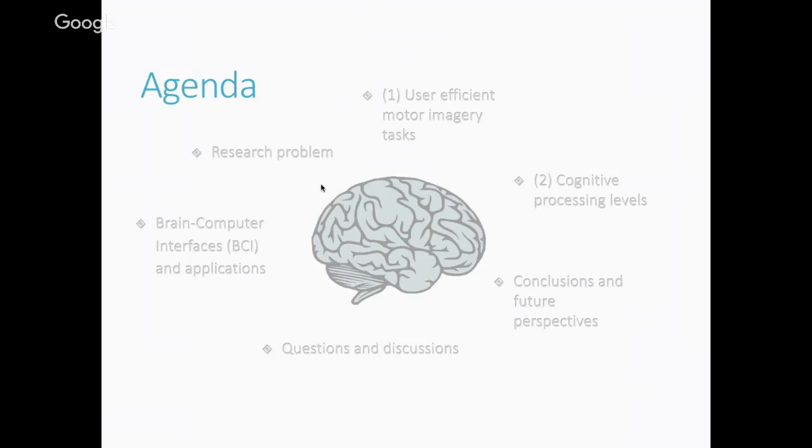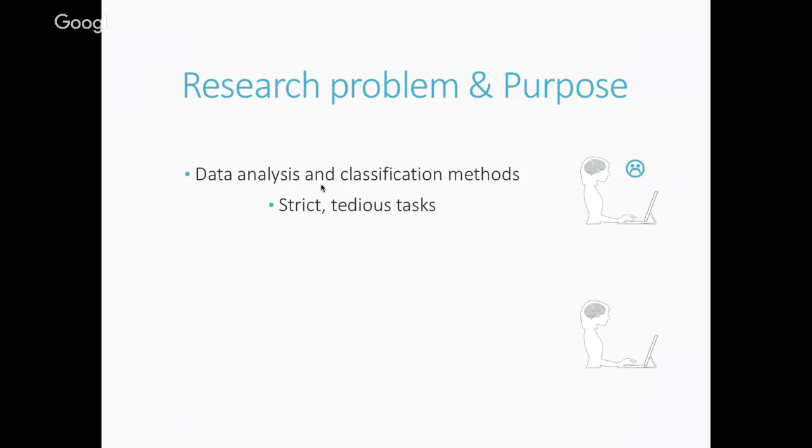The idea came from the research problem, which is that the majority of present and past research focuses on methods to achieve the best performance in a human-computer interaction system, but imposes strict and tedious tasks which induce tiredness and monotony on the user side.